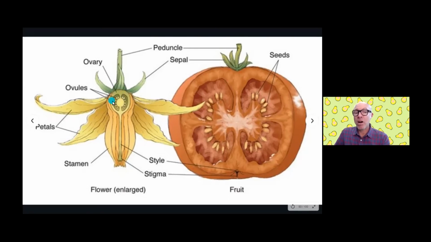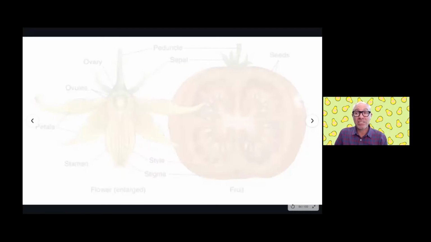So once pollination has occurred, the ovary tissue here begins to grow and nourish the ovules, which upon fertilization become seeds, which are going to be the next generation. That's botany. That's the botanical definition of fruit, this ripened ovary containing seeds.